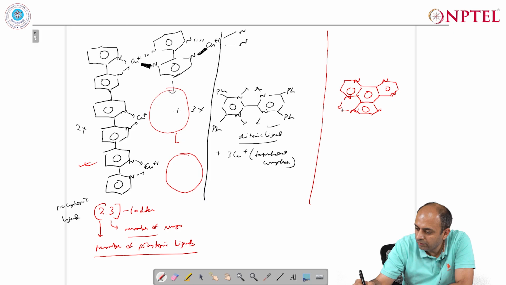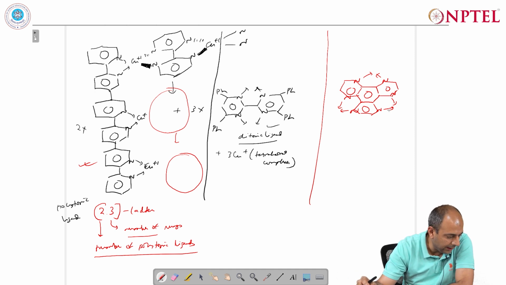So we now have one topicity here, another topicity here, and another here. So this is a tritopic ligand.